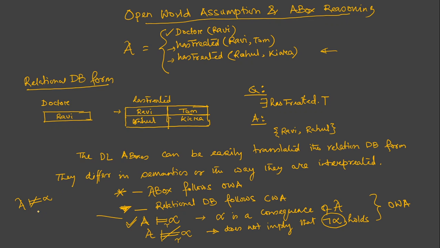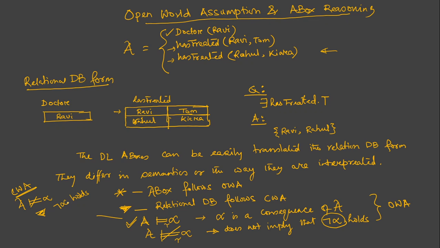So what will be inferred using this relational DB way of representation? Here we will be inferring that negation of alpha holds, and that goes with the case of closed world assumption, right? When we say that alpha is not entailed by the ABox A, then we assume alpha is false.